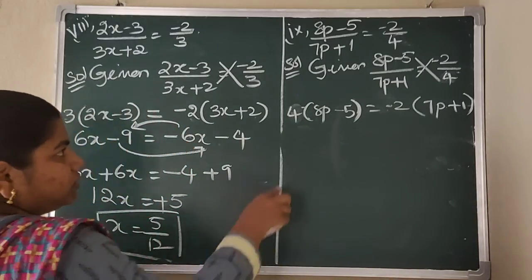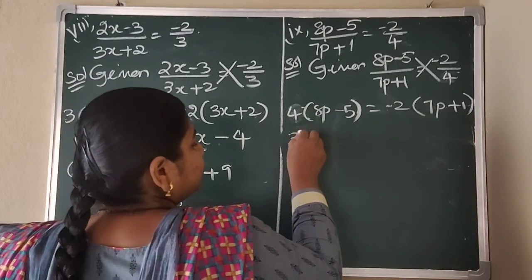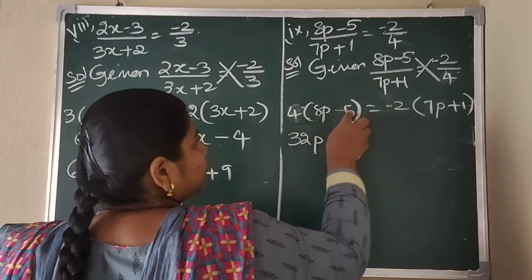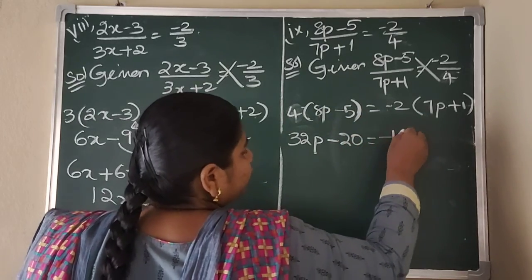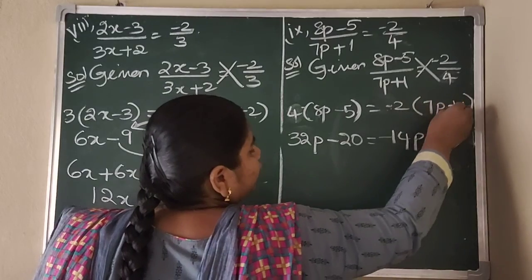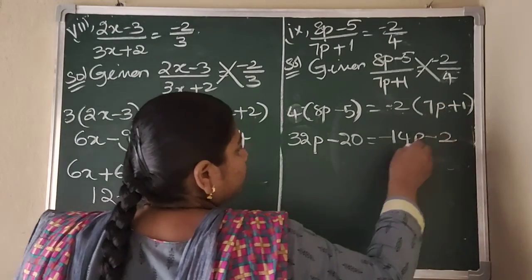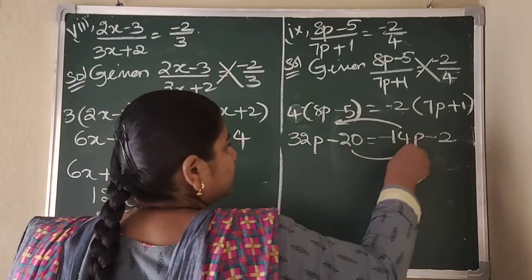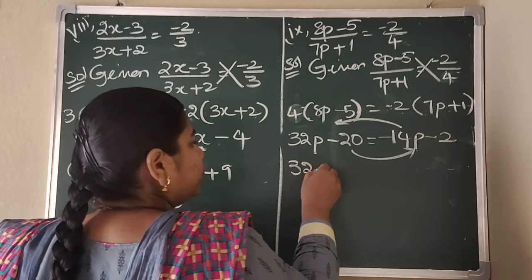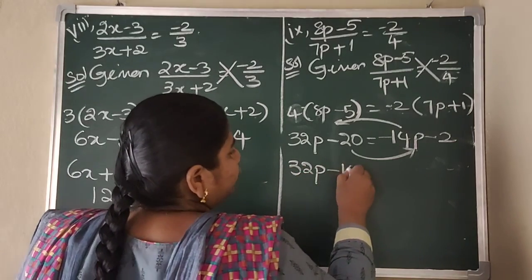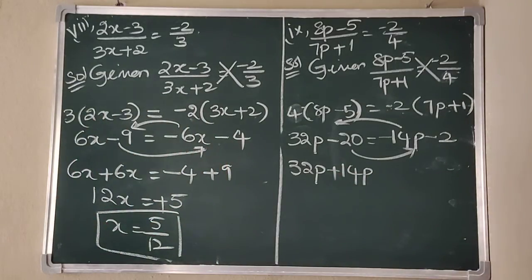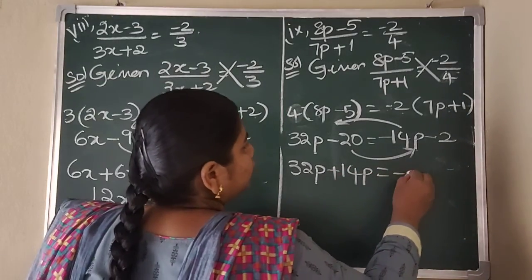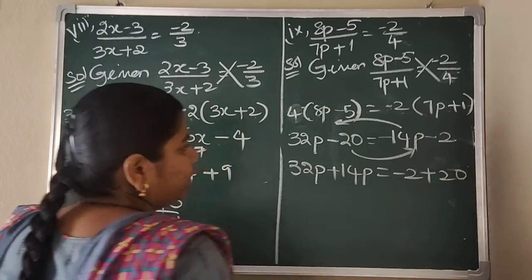So once again see this. 8 4s are 32, 32p minus 4 5s is 20 is equal to minus 2 into 7, minus 14p, minus into plus is minus 2 1s is 2. Now transpose the terms. It will be 32p plus 14p is equal to minus 2 plus 20.